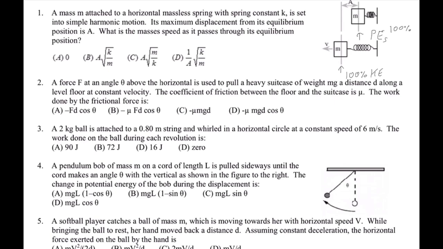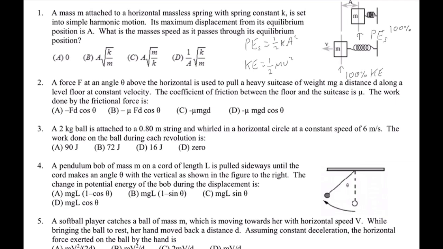potential spring energy. So let's first write out our two energy forms. So we have potential energy at the amplitude, which is going to be 1/2 Ka squared. And then we're going to have kinetic energy at its equilibrium, which is going to be 1/2 mv squared.